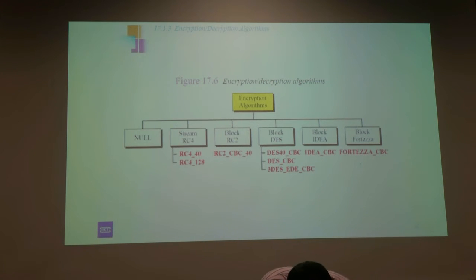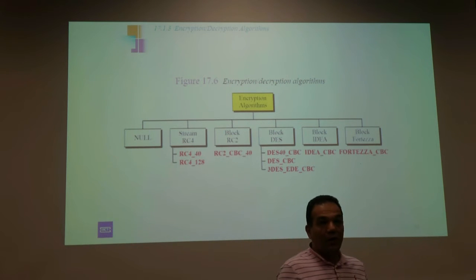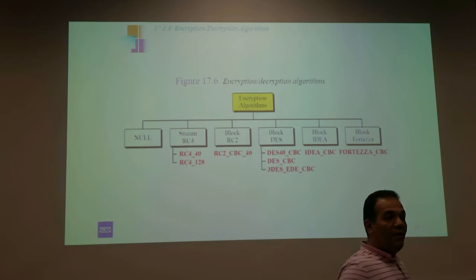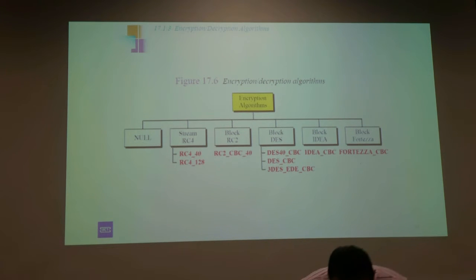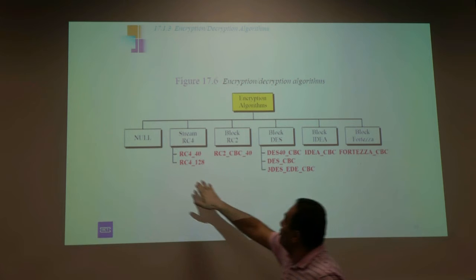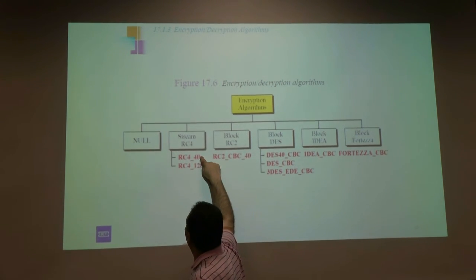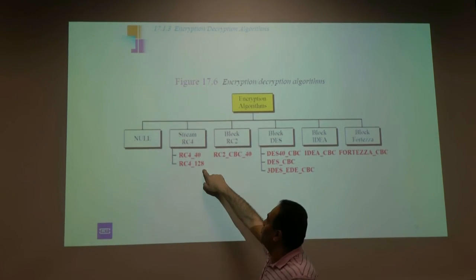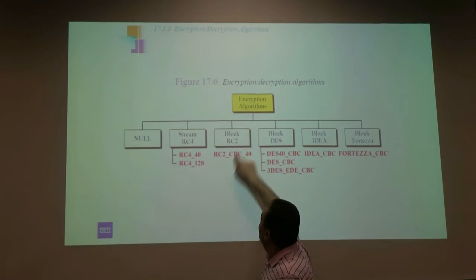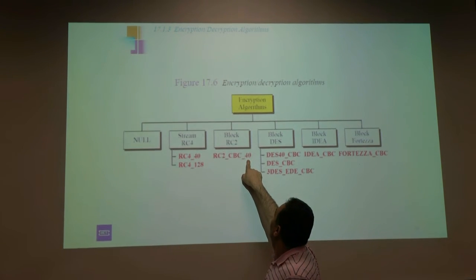Then after that, we move to encryption and decryption algorithms. You have to encrypt and decrypt. So how many algorithms have we learned in this class? A lot, right? There are several choices for encryption and decryption algorithms. We can divide the algorithms into 6 groups as shown here. So no encryption, stream RC4, where you could use a 40-bit key and a 128-bit key. Block RC2, and then you use a 40-bit key.